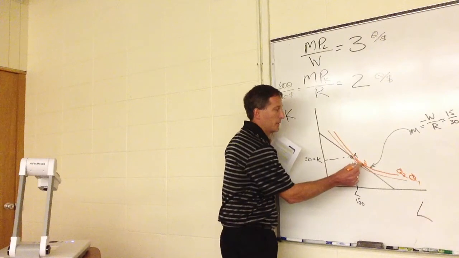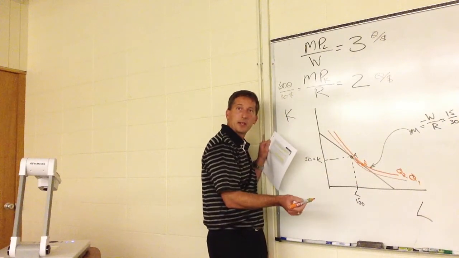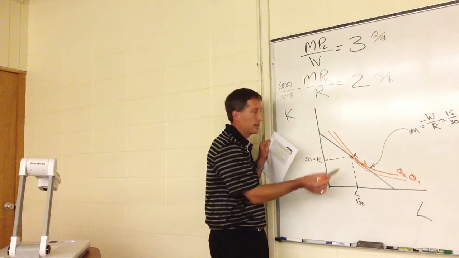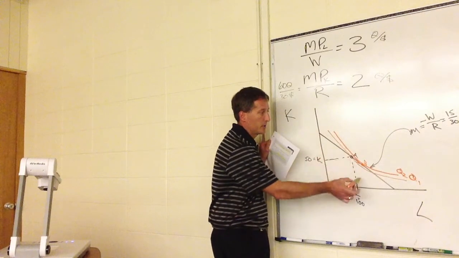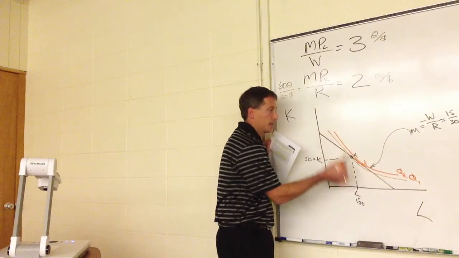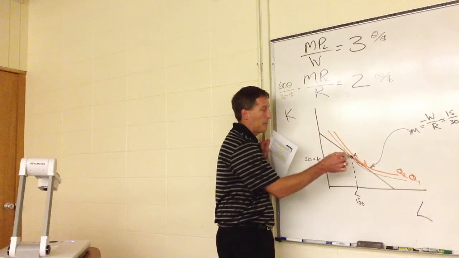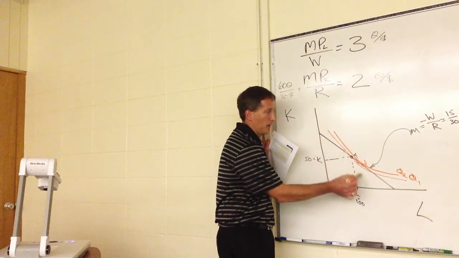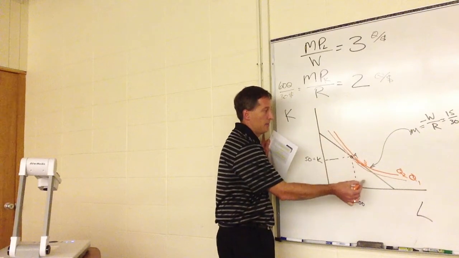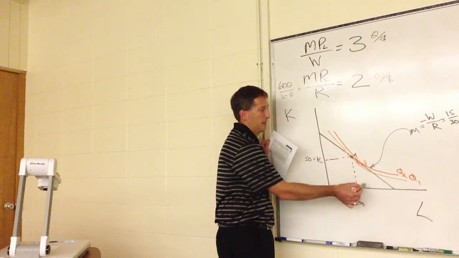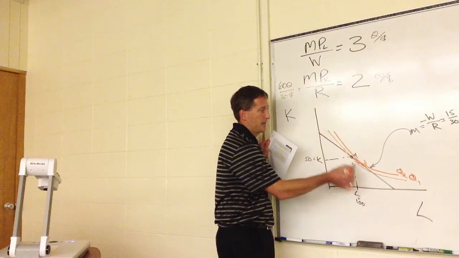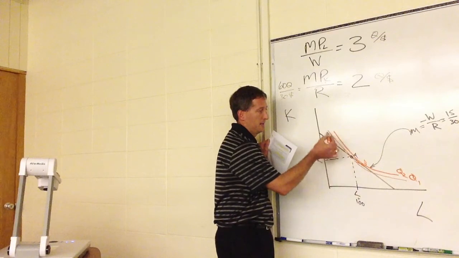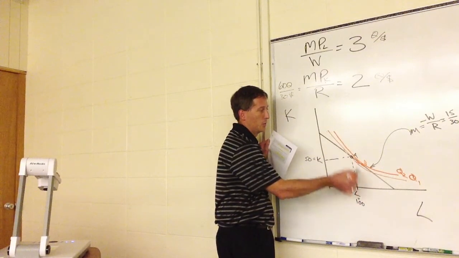Same thing that's going on with utility that you guys need to know for tomorrow and Wednesday is that if the marginal rate of substitution, if these are indifference curves, at point A, the slope of this was how much? What was the slope here? 2.